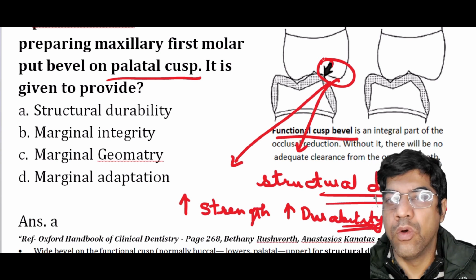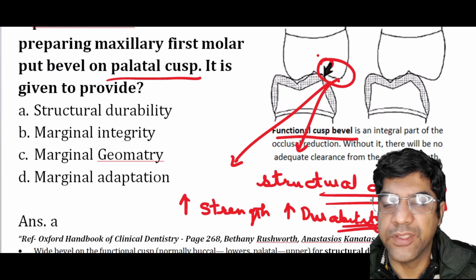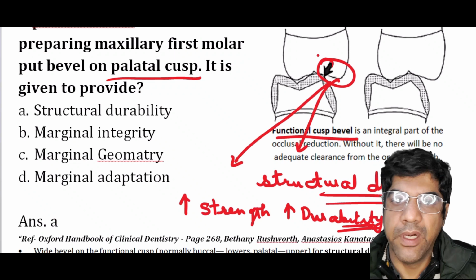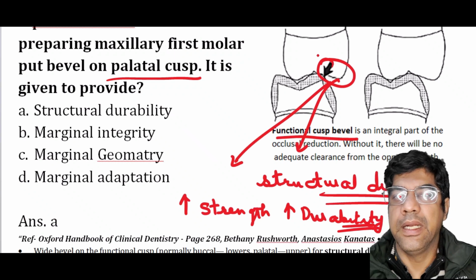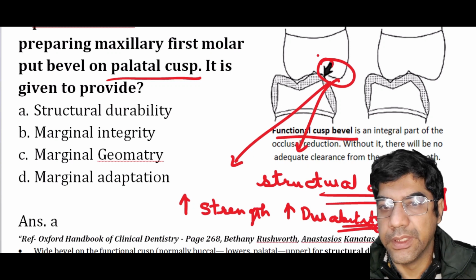So the overall goal is to create a preparation that allows for adequate thickness of the restorative material. So the bevel on the palatal cusp contributes to the structural integrity and durability of the prosthodontic restoration.